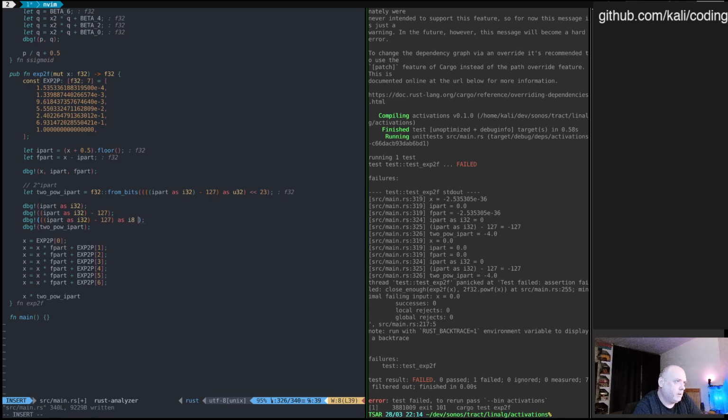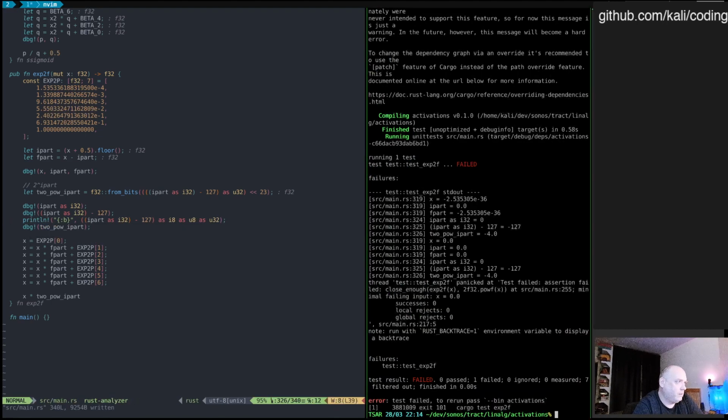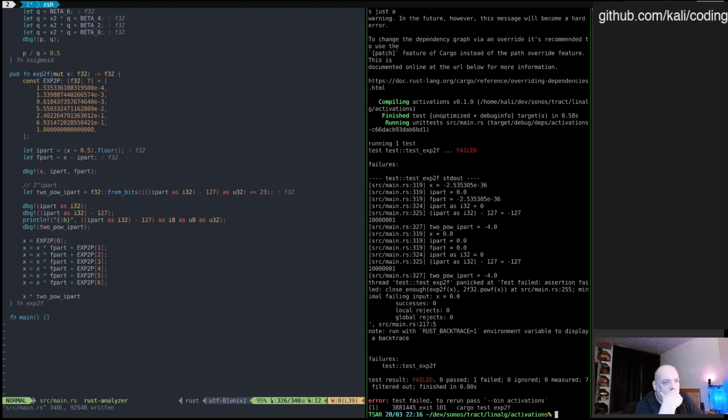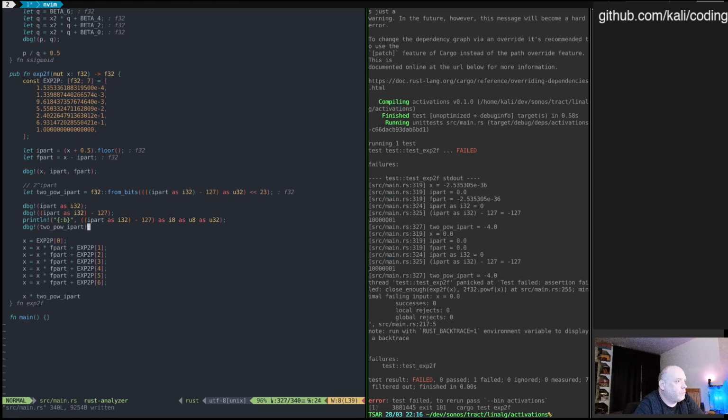So if I'm doing now as i8 as u8 as u32, and I want to see this in binary. Unnecessary parentheses, that's fine. Okay, this is wrong. Definitely not what I need. So let's try again.